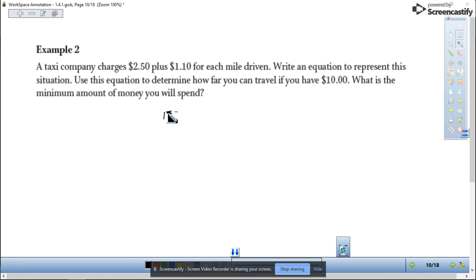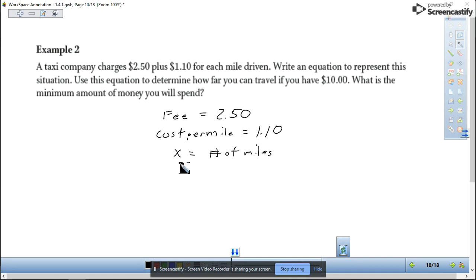So you have a fee of $2.50. The cost per mile is $1.10. x is the number of miles, and y is the total cost of the trip.